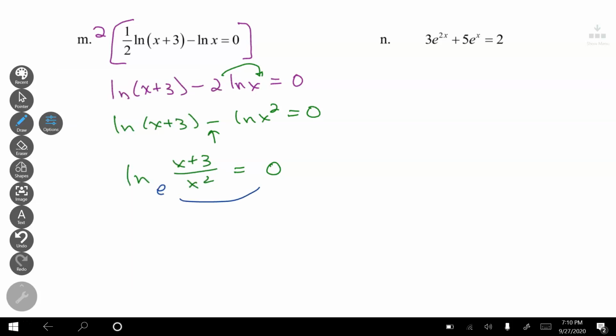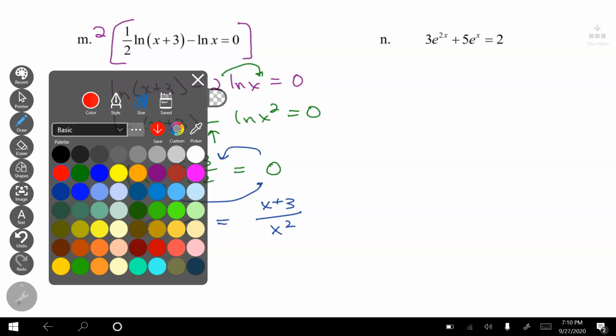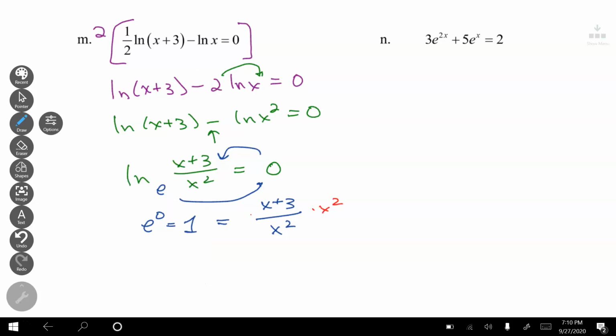And I could curl this. e to the 0, which is equal to 1, is equal to x plus 3 over x squared. I multiply by x squared. x squared equals x plus 3.